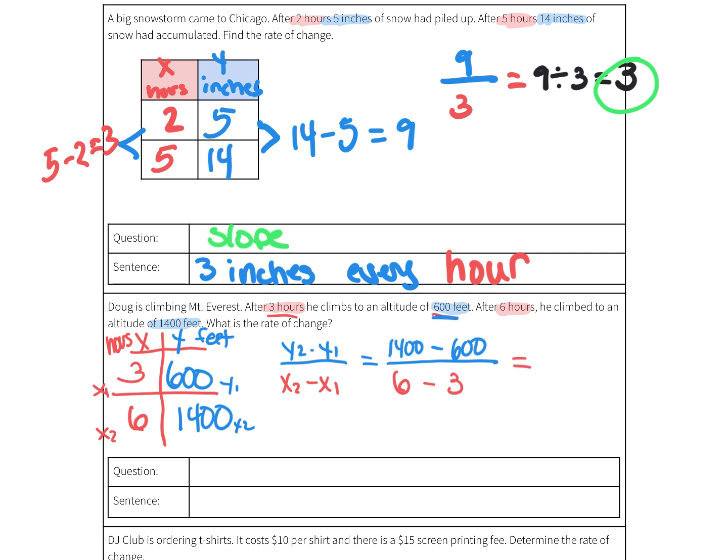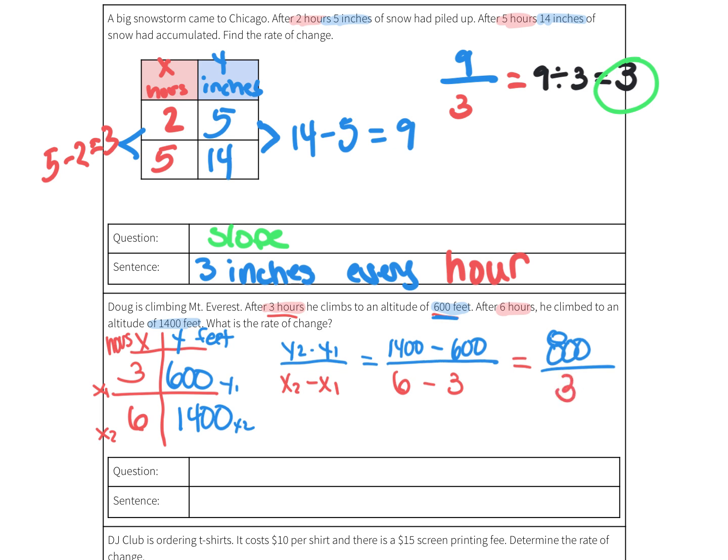All right, so now I'm going to go ahead and do this. 1,400 minus 600 is equal to 800. And 6 minus 3 is equal to 3.